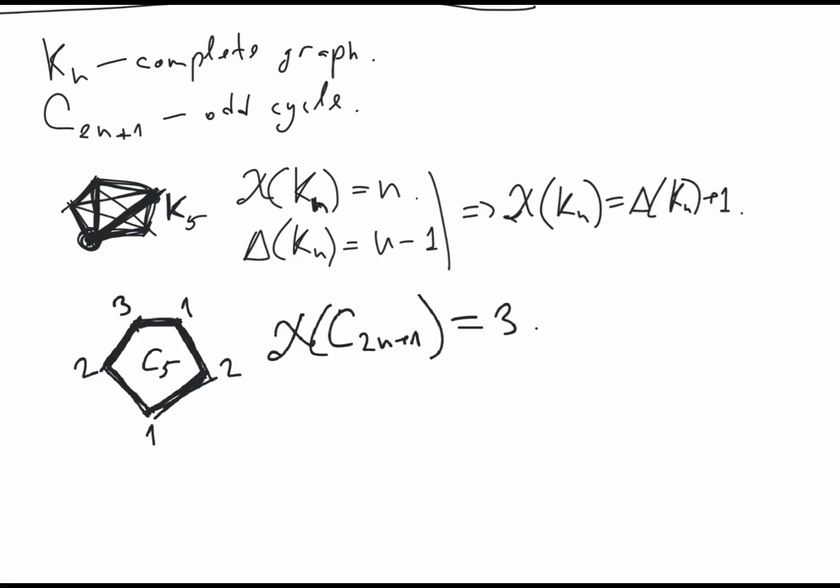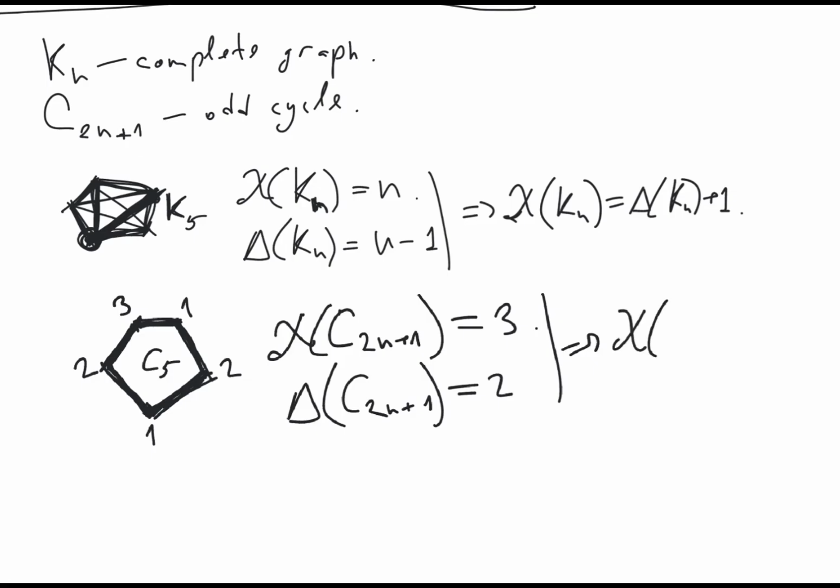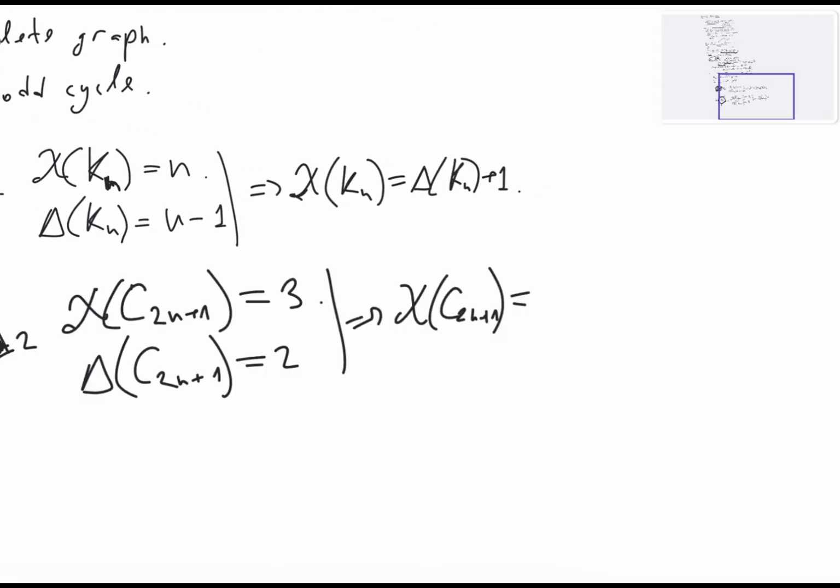And the maximum degree of an odd cycle, of course, is equal to 2, because every vertex is adjacent to exactly 2 vertices. So it's a 2-regular graph. So the maximum degree is also 2. So here I see that also chi of C2n plus 1 is exactly equal to delta of C2n plus 1, plus 1.